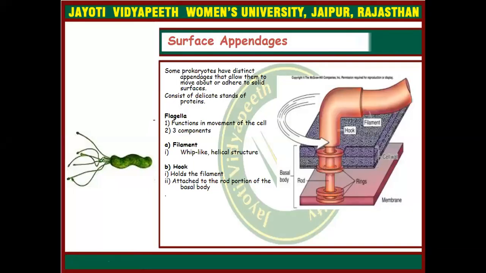Now we discuss the surface appendages. What are surface appendages? Bacteria have some particular organelles which help the bacteria in movement and attachment. These organelles are known as the surface appendages.